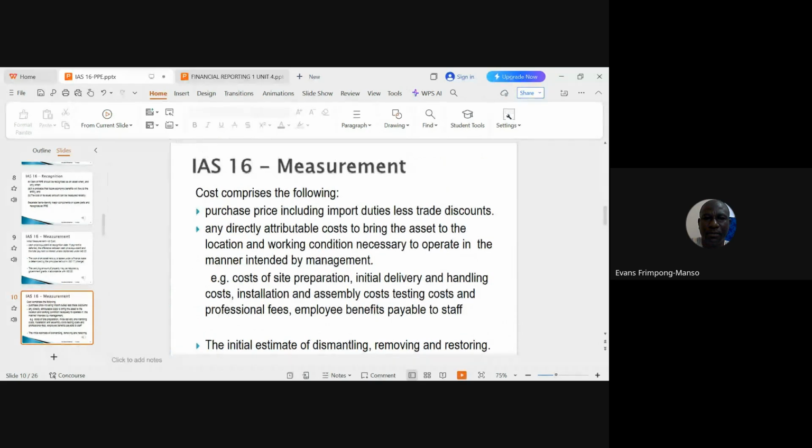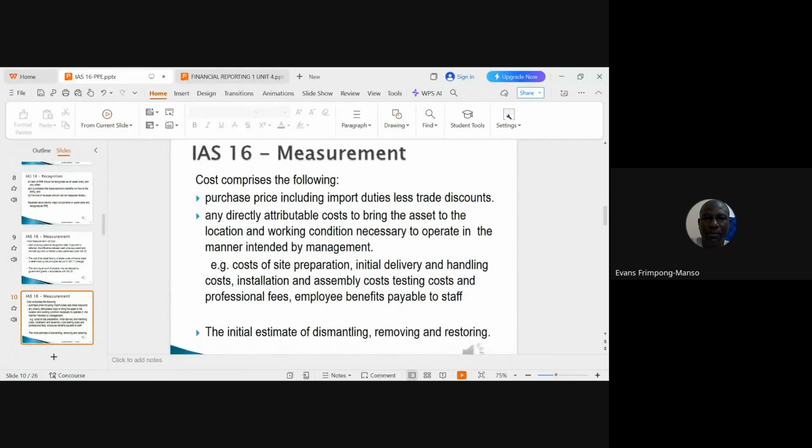I have already told you that to know the cost of the property, plant, and equipment, it is not only the purchase price that constitutes the cost, but any other incidental expenses that you incur on that particular property, plant, and equipment form part of the cost.